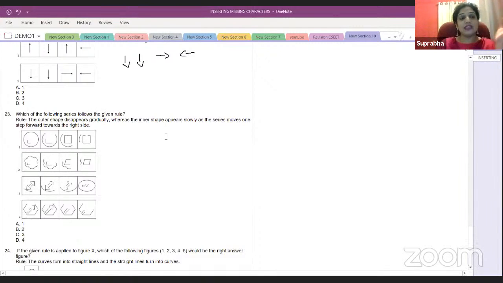As it moves towards the right side, that is, first image, second image, third image, fourth image, when we go from the first image till the fourth image, we are moving towards the right side. Your outer shape is disappearing gradually and your inner shape is appearing gradually. So which image satisfies this condition?